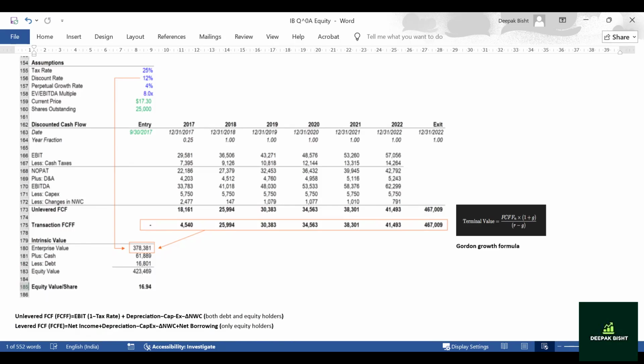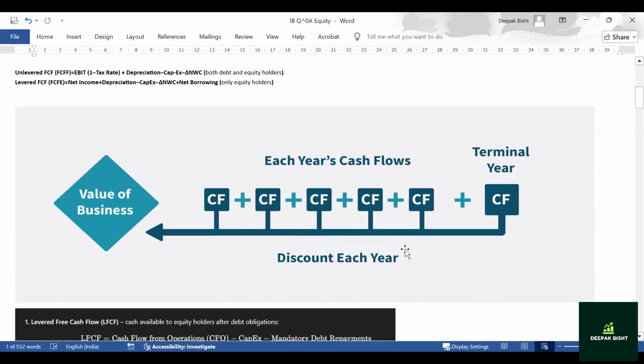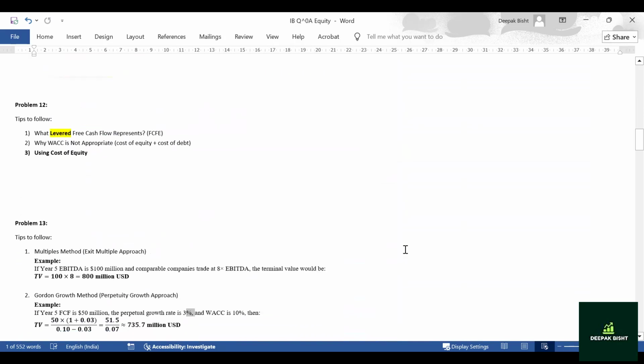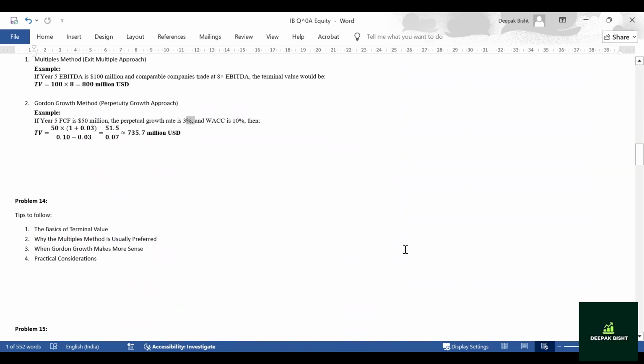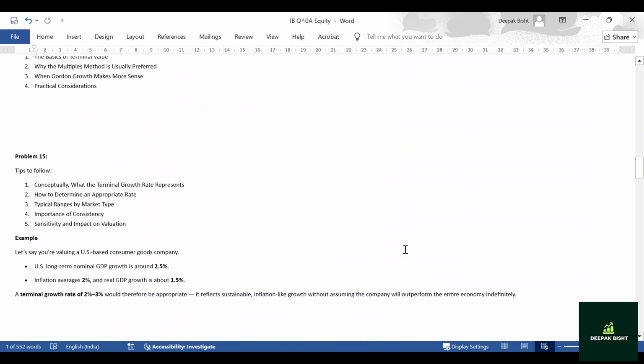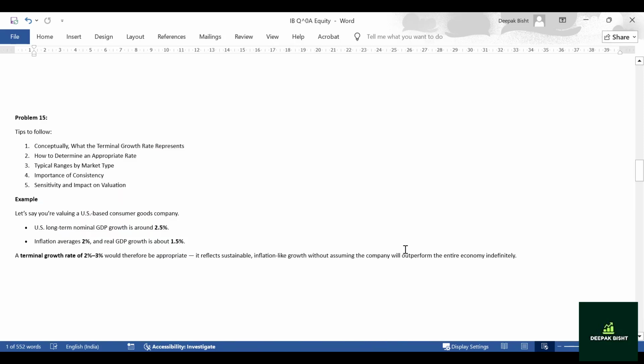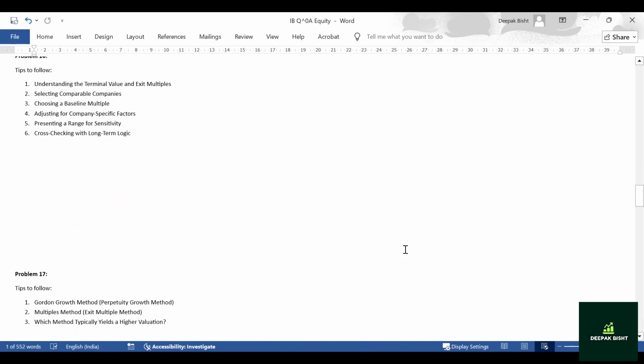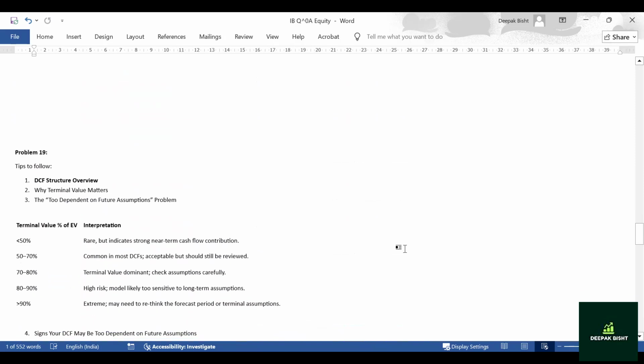And we have discussed that the majority of the weight in the DCF lies with the terminal value.